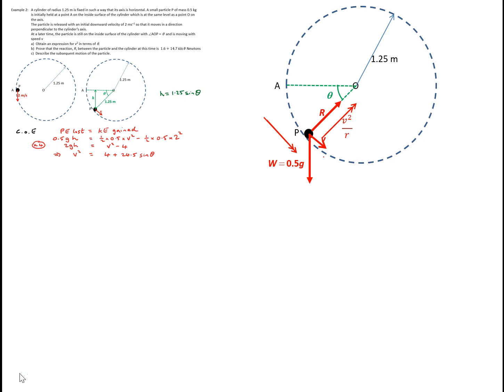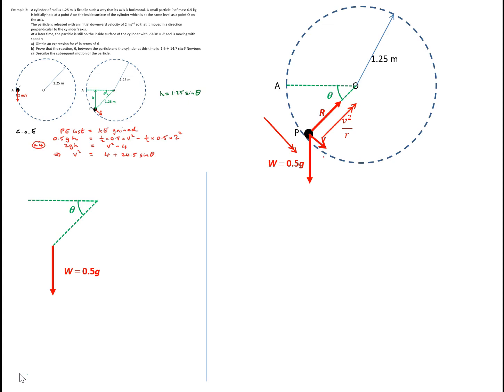Now we're going to apply Newton's second law radially to find our expression for the reaction force R. In order to do that, we need to know the component of the weight in the radial direction. So this needs just a little bit of chasing around with angles.